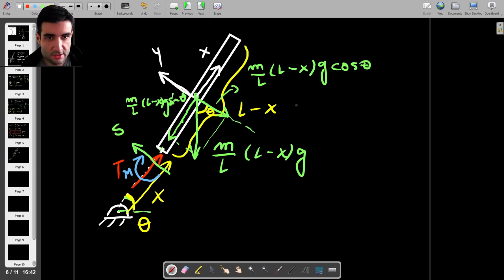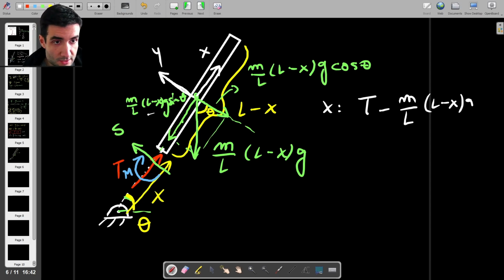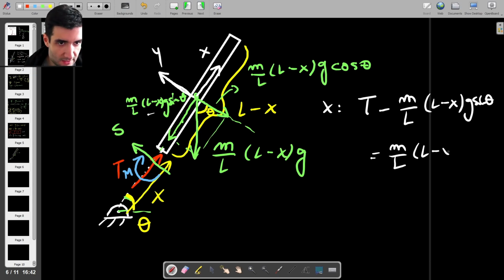So in terms of the equations, first I'm going to look at what happens in the x direction. In the x direction, I have two forces. I have the tension, that red force, which has to exist, and we also have minus m over L, L minus x, g sine theta, and this is equal to the mass, but remember it's not just m, it's the mass of that section, times the acceleration in the x direction.